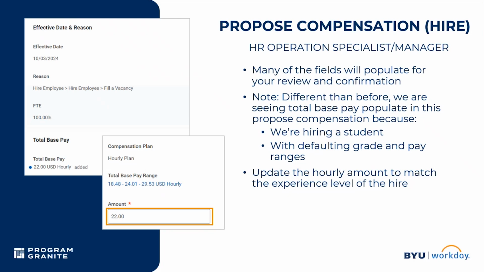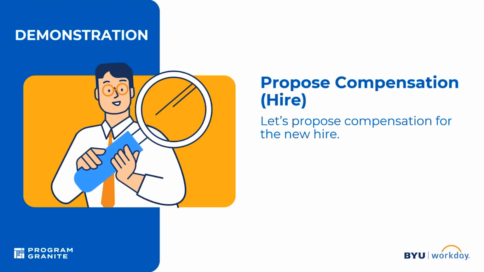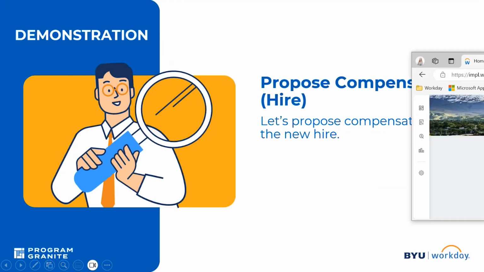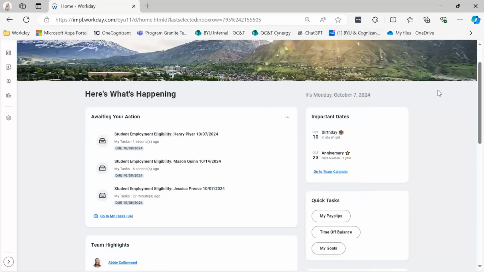So you're going to see that total base pay range and then you're going to update the hourly amount to match the experience level of the hire. Because they're student positions, it's coming from that job profile, and that job profile really does define what the compensation is. So let's go take a look at that, and then you guys can all finish, and then we'll be done with this activity. We're moving on to onboarding next.